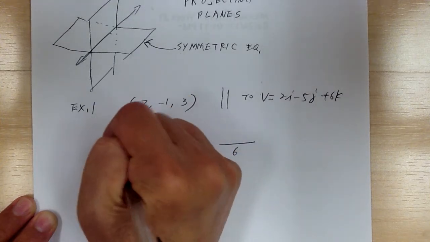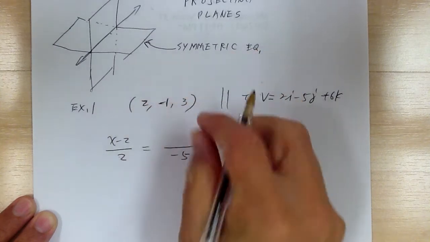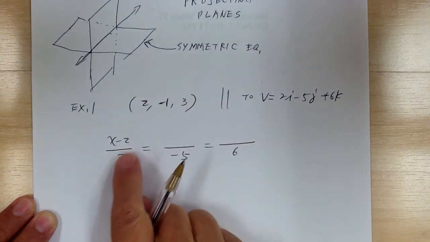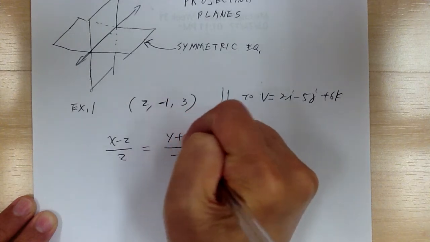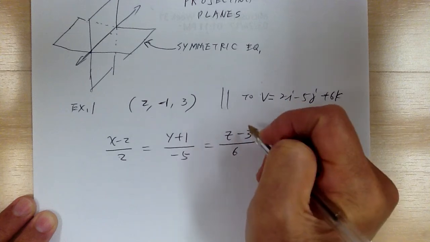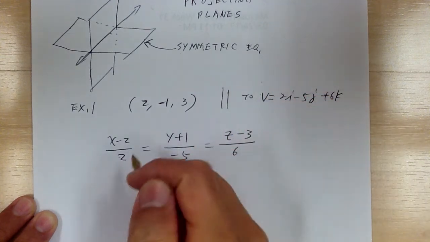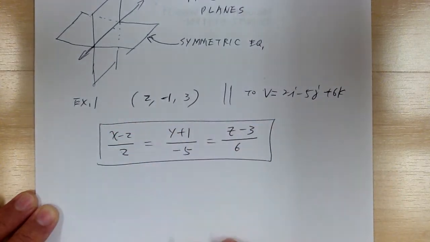So from here you're going to get x minus 2, just like when you're writing the equation for the intercept points, right? And this would be y plus 1, and you get z minus 3. Okay, and so this would be your symmetric equation.